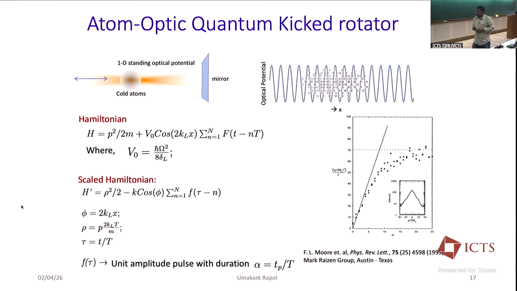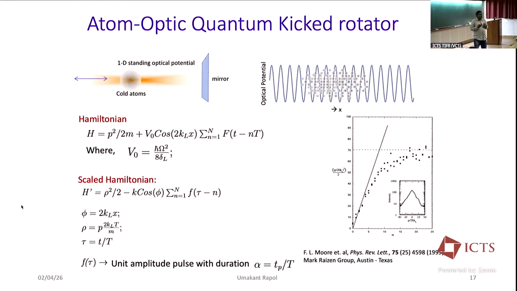Now, one can simulate such a system using ultra-cold atoms. And the way it is done is you take a bunch of cold atoms and put them in a periodic potential, which is generated by interfering light. You put a standing wave of light, which is not resonant with any of the atomic transitions, but far off resonant.